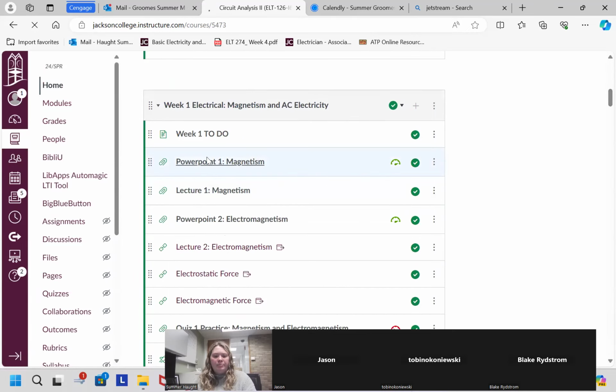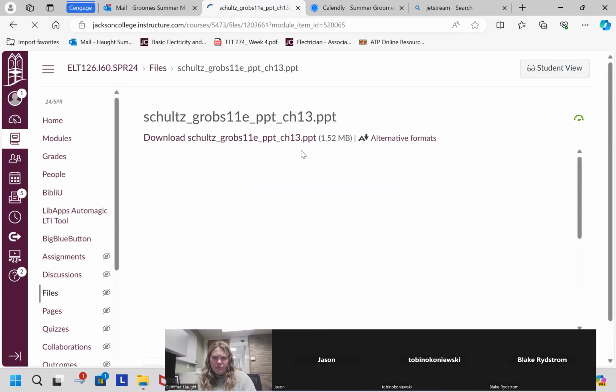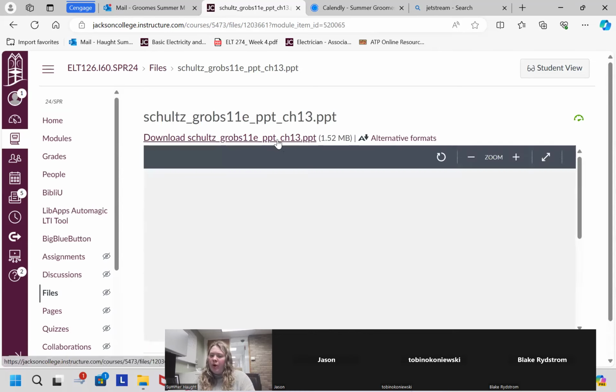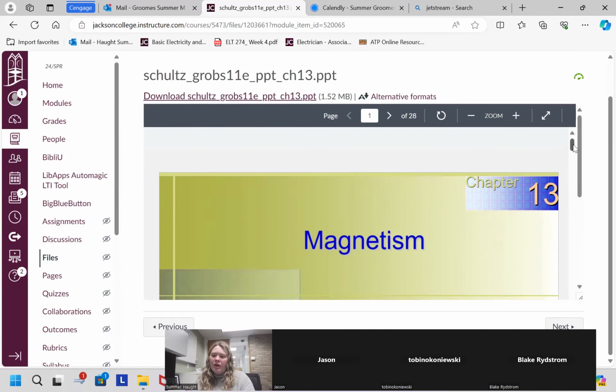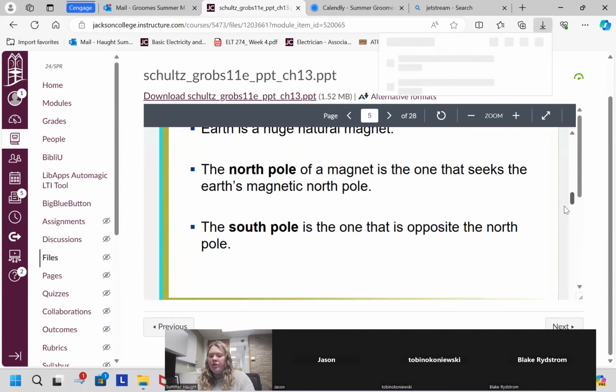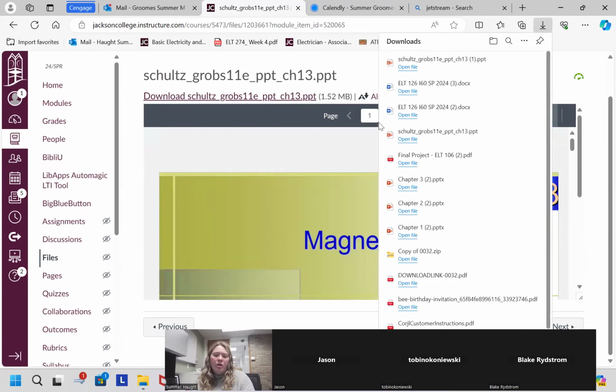This is the one I meant to click on. If you click on this, this is Grab's book. So it's not technically a book, it's a PowerPoint. I will say that this has a lot of information, which is helpful, but sometimes it's a little too much and kind of dry and it doesn't always explain things clearly. So sometimes I might pull these up and talk through some of the images and what's important. So just be mindful of that.